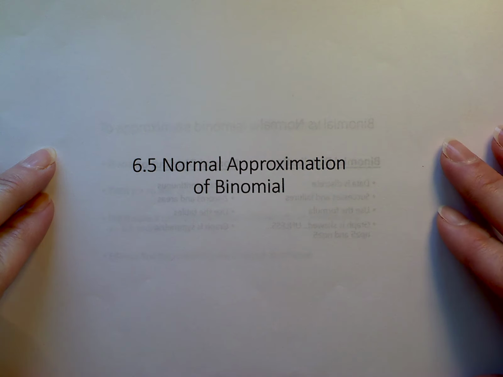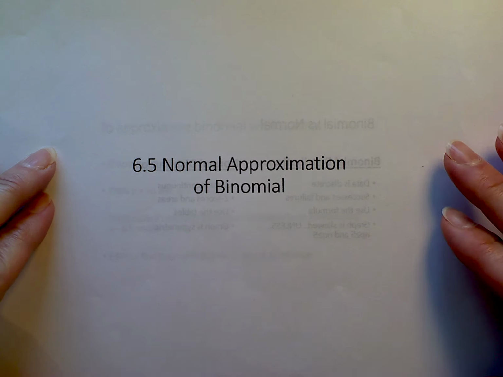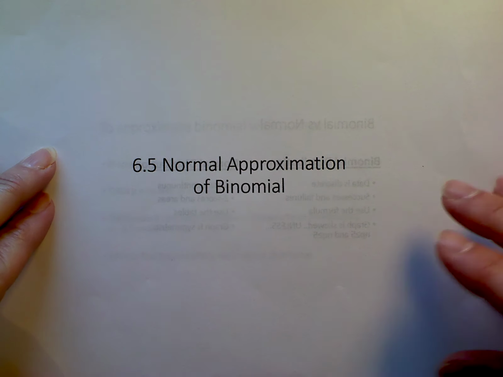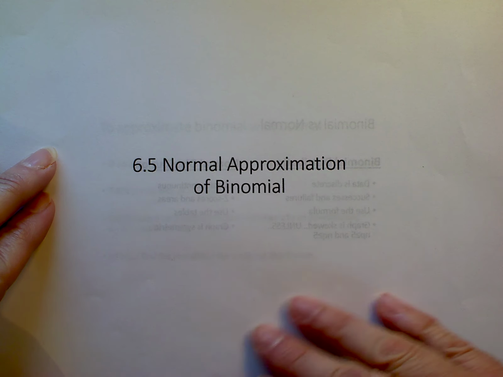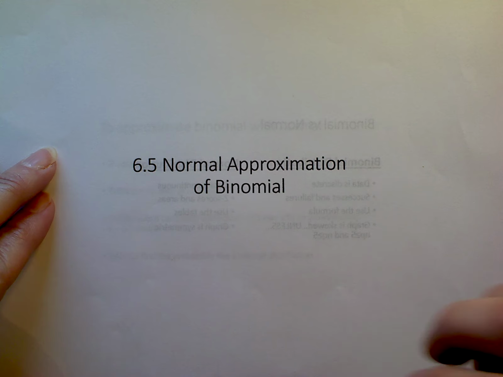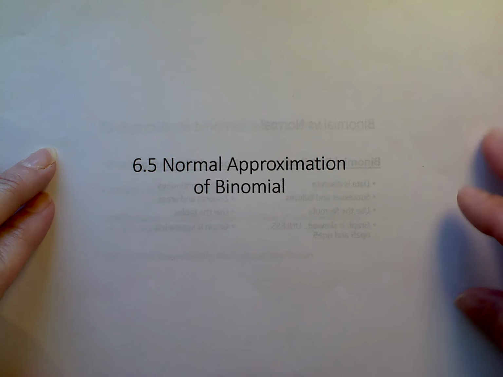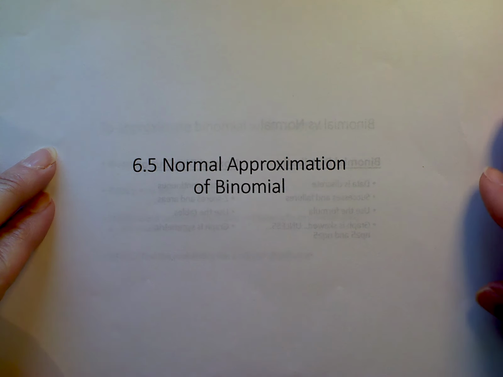So we've been doing two different kinds of distributions. We did binomial distribution first, and we had this fancy formula. Binomial was when you had successes and failures, like tossing a coin or tossing dice, picking cards, things like that.